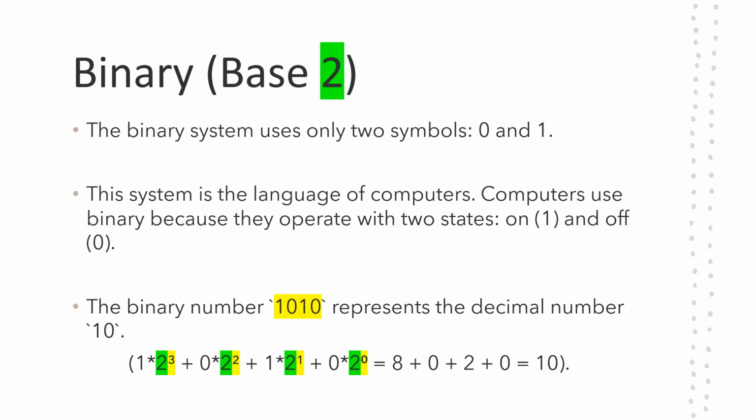And then we would do 0 times 2 squared. And then we would do 1 times 2 to the first power. And then we would do 0 times 2 to the 0 power. So basically, we're always trying to count down the powers here. So if we work out the math, it would be 8 plus 0 plus 2 plus 0, so it would equal 10. So that's how we would convert binary to decimal.